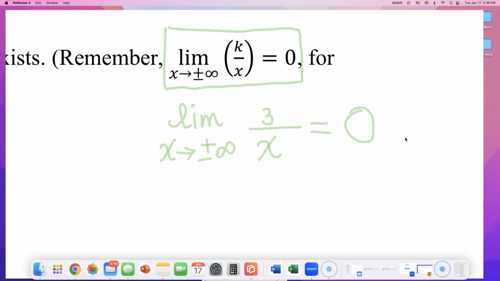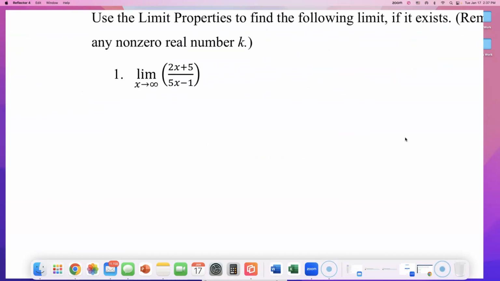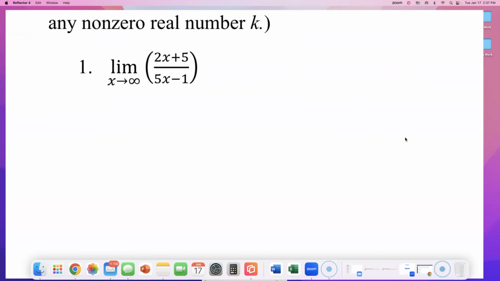Dividing something by a large number will be close to 0. So, knowing that, I'll show you how to do these. The method is to divide every single term by the biggest exponent in the bottom of the fraction. I hope I'm making sense. If not, I'll show you an example.